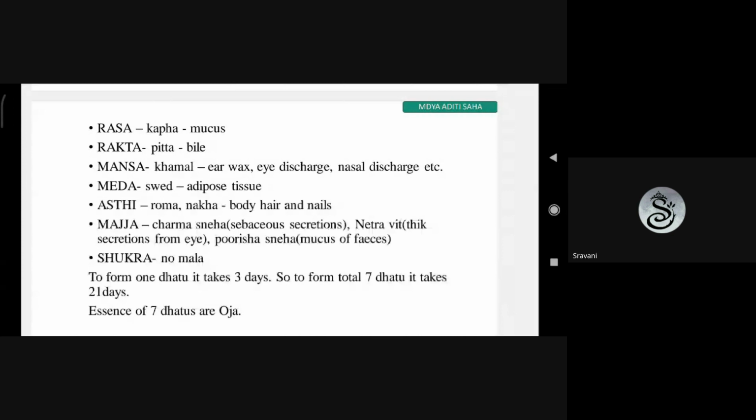Now these are actually the byproducts of the dhatus. When rasa is getting converted to rakta, the byproduct is kapha.